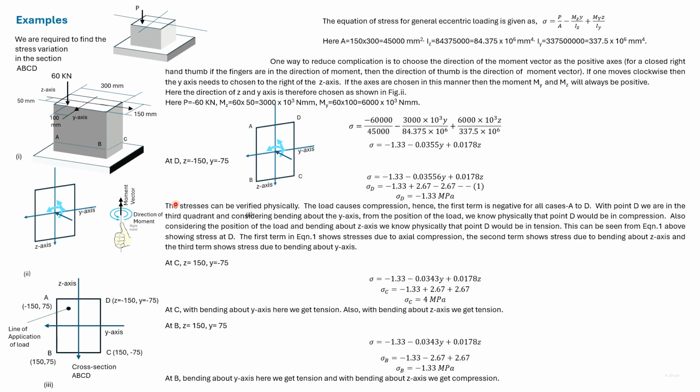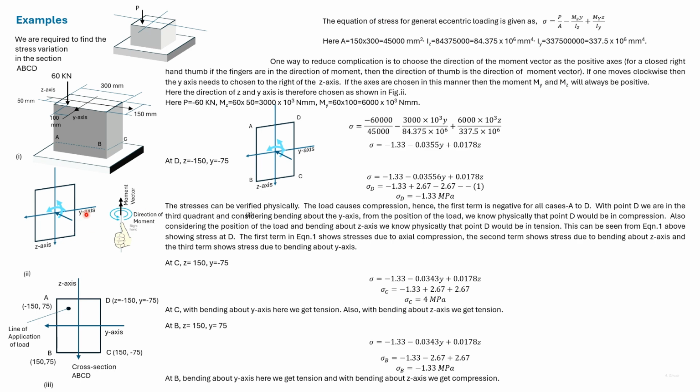We can further simplify the process of finding stresses by using the moment vector. We'll align the positive direction of the axis with the positive direction of the moment vector. So for this moment, this is the positive direction, and for this moment, this is the positive direction.